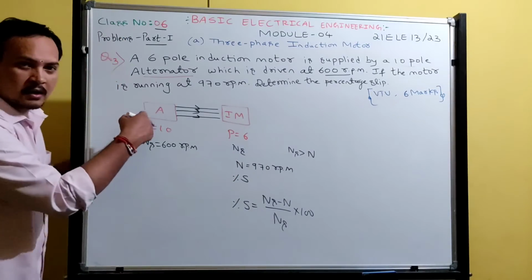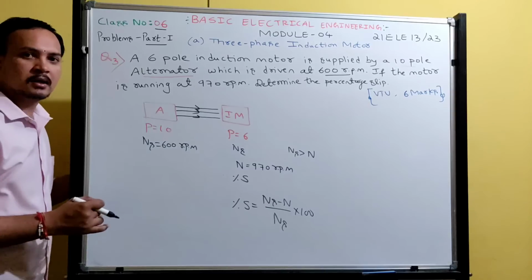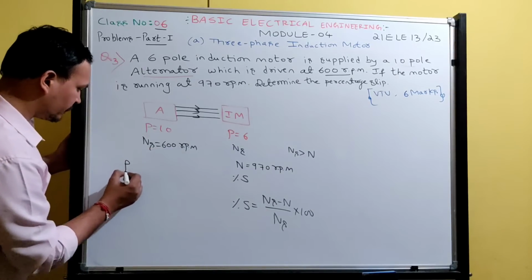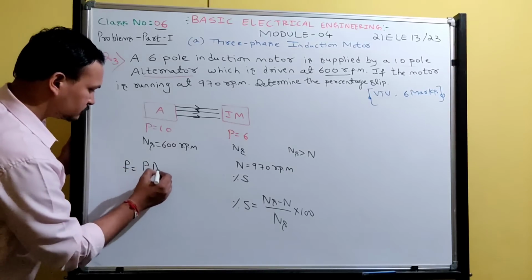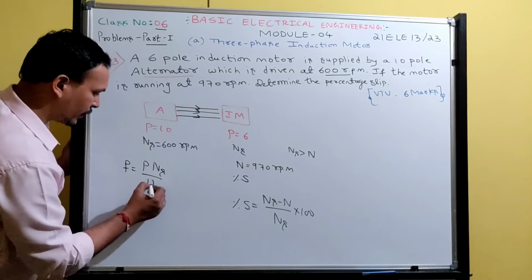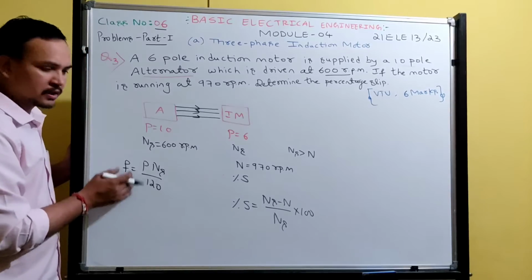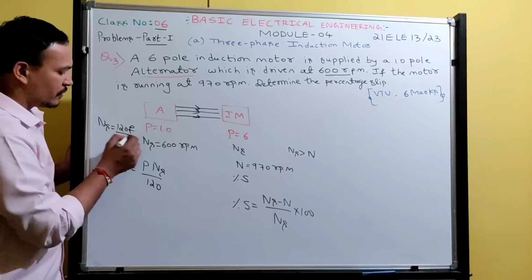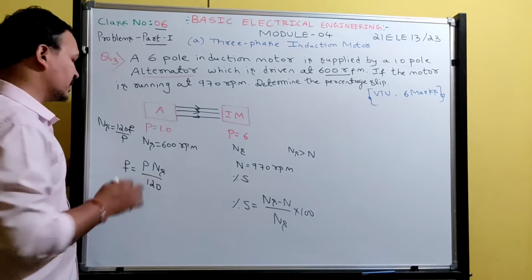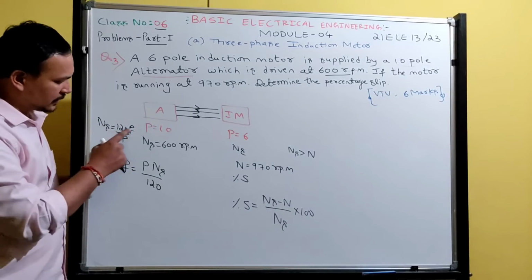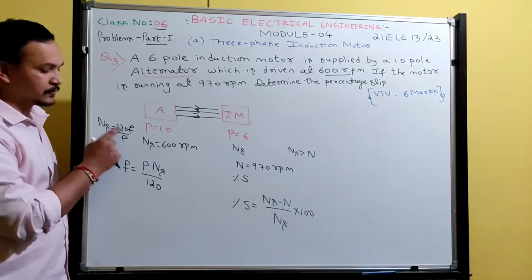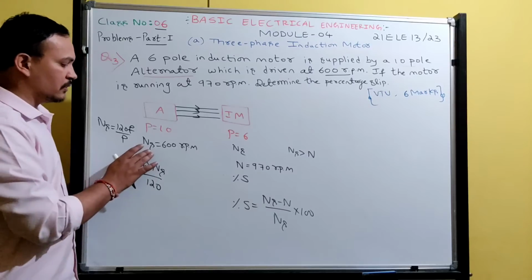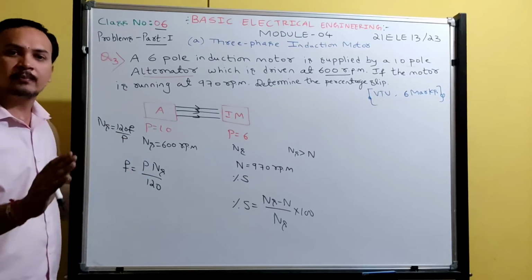Whatever alternator data is given, from that you find the frequency. The frequency formula is f equals P Ns by 120. I wrote this from the formula Ns equals 120f by P. Whether alternator or induction motor, the Ns formula is 120f by P only.